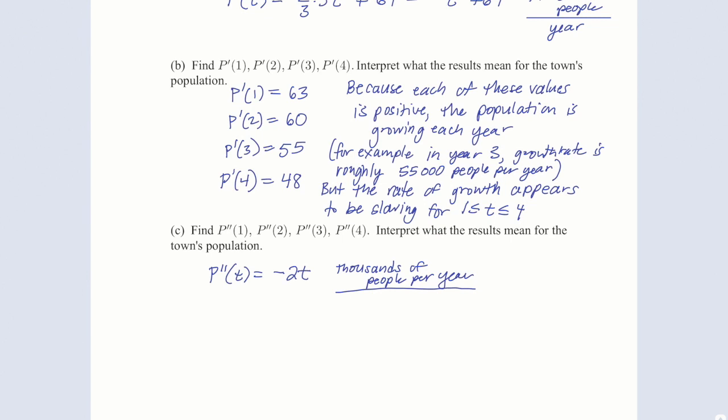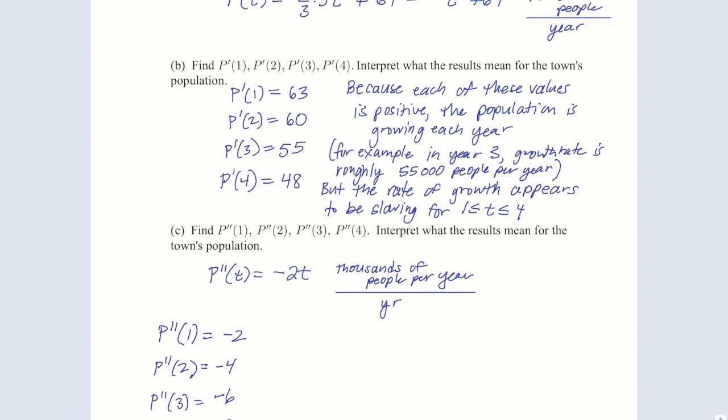So we're measuring the rate of change of the population growth. So it looks a little strange to write that, but that's exactly what it would be, thousands of people per year per year. And we can see p double prime at 1 would be -2, p double prime at 2 is -4, p double prime at 3 is -6, and p double prime at 4 is -8.